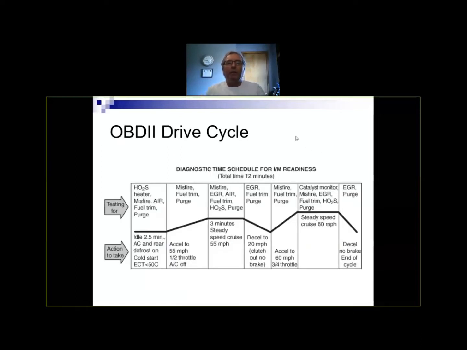Here's an example of an OBD2 drive cycle. Now this is just kind of generic. This is not taken out of any particular shop manual, but just to give you the idea, it says here that the total time for this is 12 minutes. So it gives you a list of actions to take along the bottom.